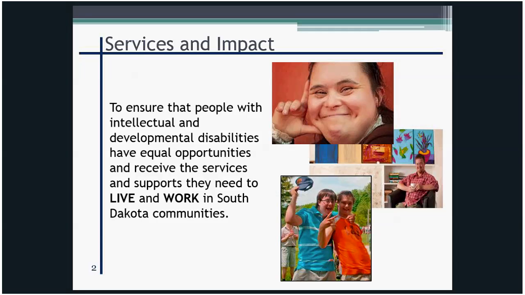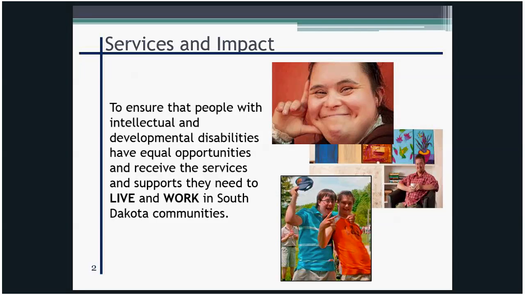The key thing at this point, I would say, is that our target population has intellectual and developmental disabilities, and generally what that means is a person with an IQ score of 70 or below, with concurring deficits in functional limitations.